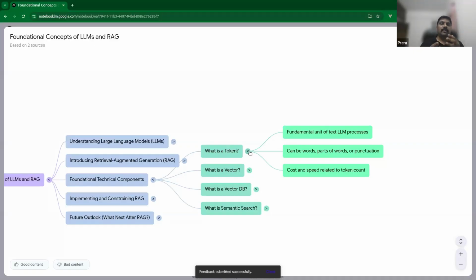So splitting as a paragraph in a novel is meaningful. Let's say you have hundreds of forms filled, each page containing a form. In this case, splitting as a page makes more sense, because this page contains this form, another page contains another form, right? So that is what the chunking process is about.